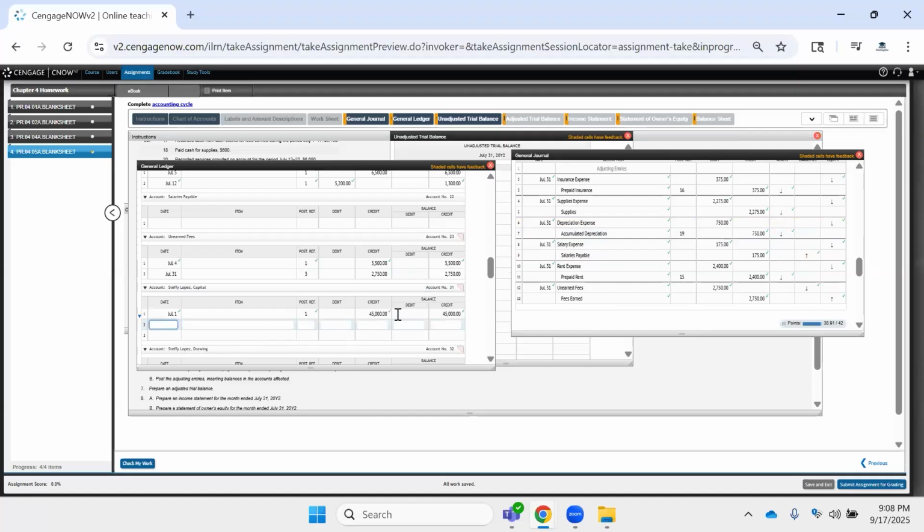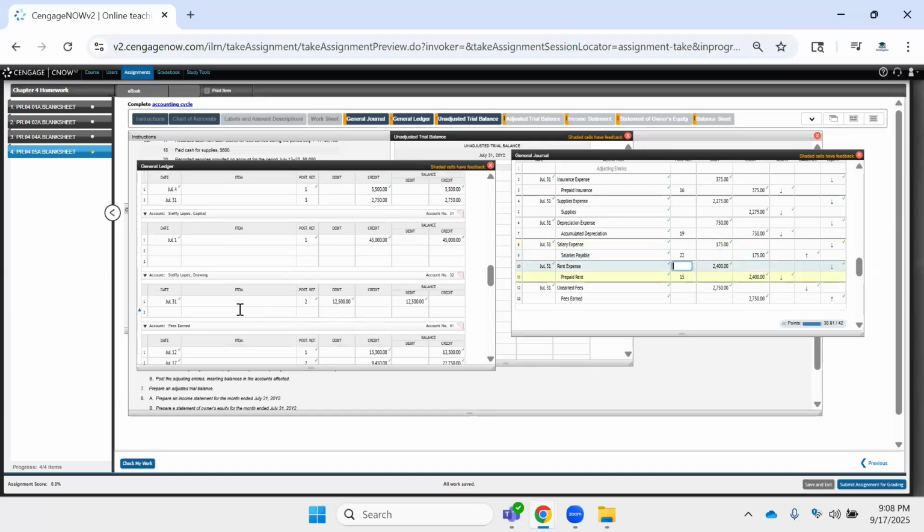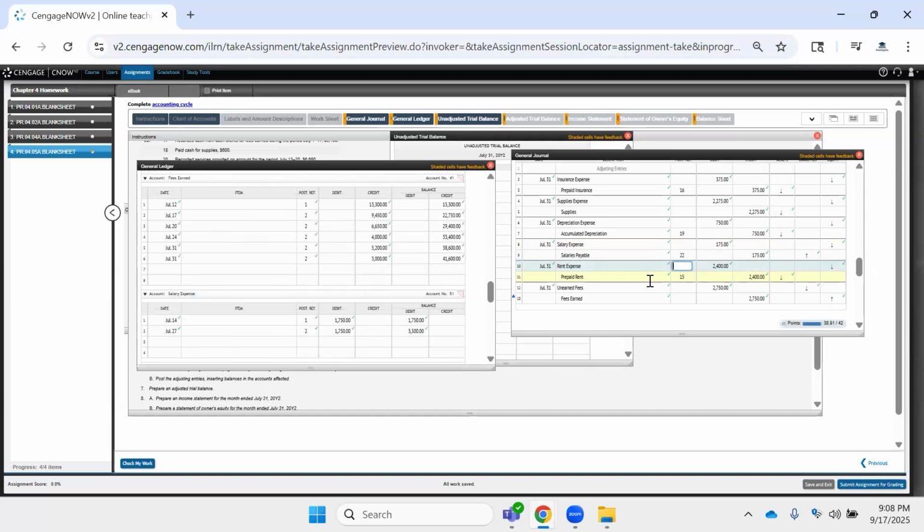Our capital account, we did not have any adjusting entries here. Salaries payable, we did. Our salaries payable is $175. And then our fees earned, we had our unearned fees entry here.